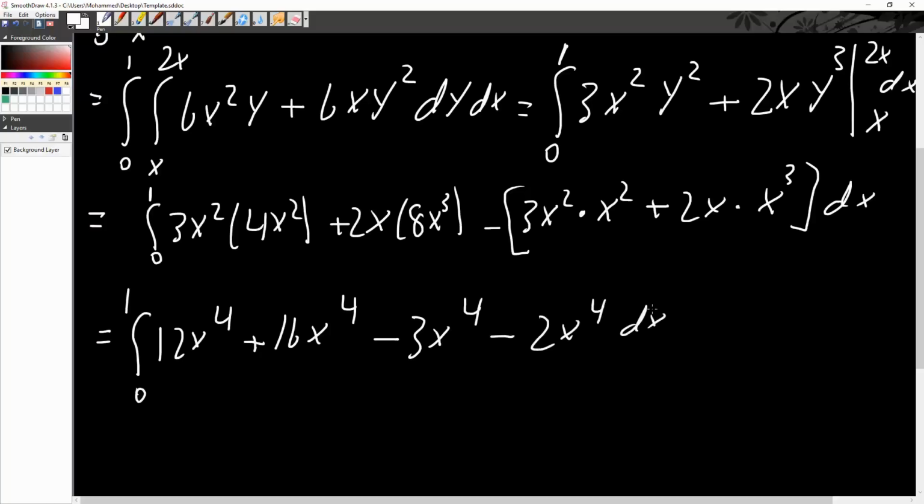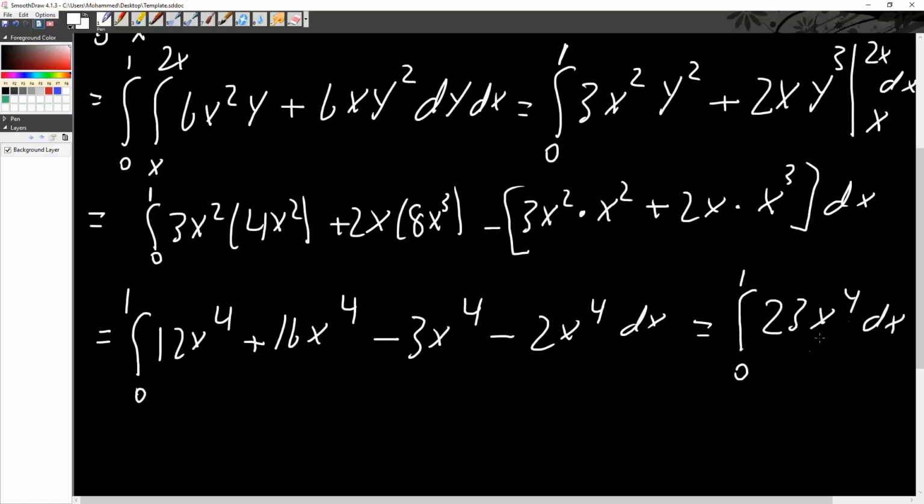Now we take the integral of this in terms of x. Actually, first we'll add everything up. So we'll get 0 to 1, 12 plus 16 would be 28, minus 3 is 25, minus 2 is 23, x raised to the 4th dx.